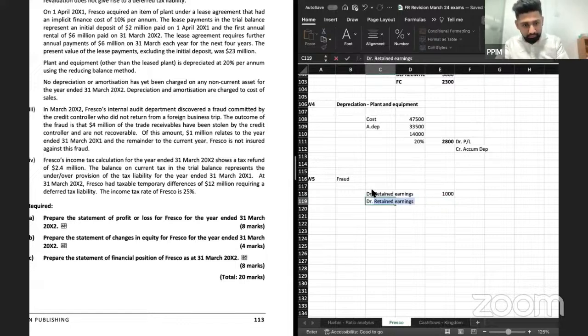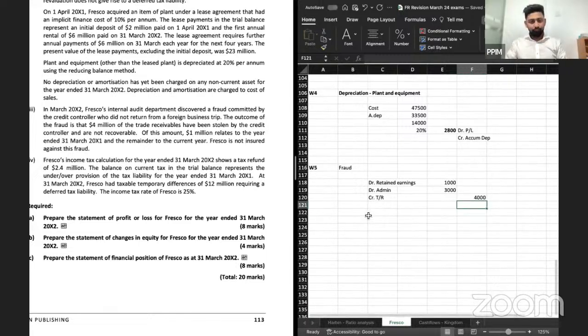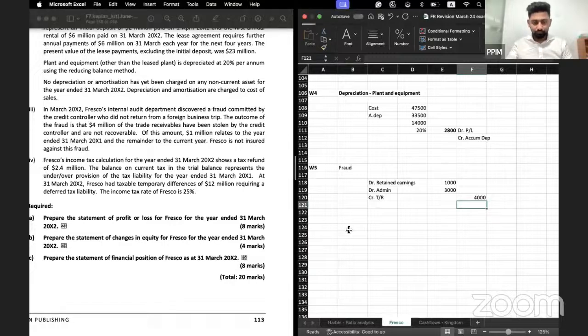You're going to debit admin for the remaining 3,000 because it is in the current year. From trade receivables, you're going to credit trade receivables of how much in total? 4,000. Are we clear?